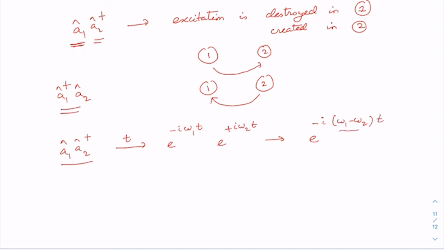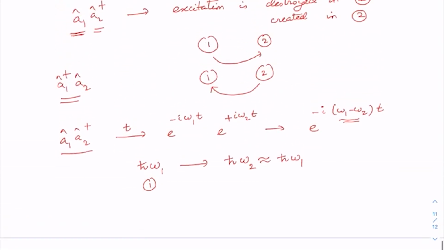Now if omega 1 is nearly equal to omega 2, that refers to the fact that we had energy h cross omega 1 in oscillator 1, and that is getting transferred to oscillator 2, which has energy h cross omega 2. If omega 2 is nearly equal to omega 1, then that is quite physical: energy is simply getting transferred from one oscillator to the other, and that's why they are called resonant terms.